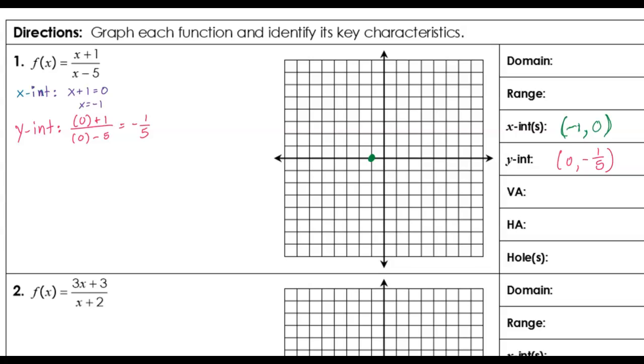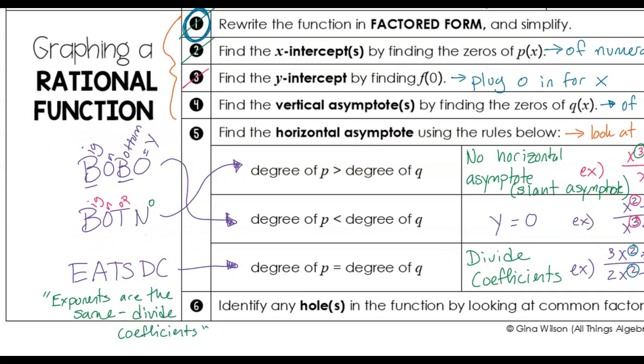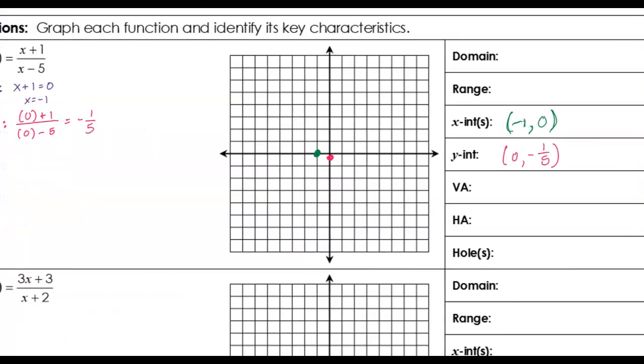This time x is 0 and y is -1/5. And that's not a very pretty point to graph. It's about a fifth of the way between 0 and -1. You kind of have to approximate where it is on the graph. Okay, next step. We've done 3, now 4. Find the vertical asymptotes by finding the zeros of the denominator.